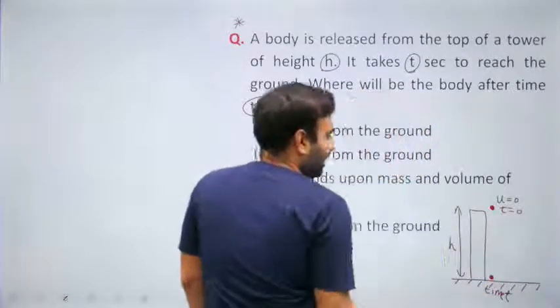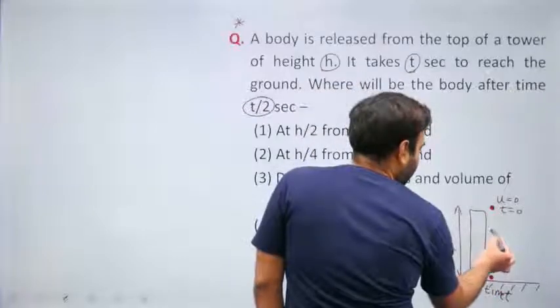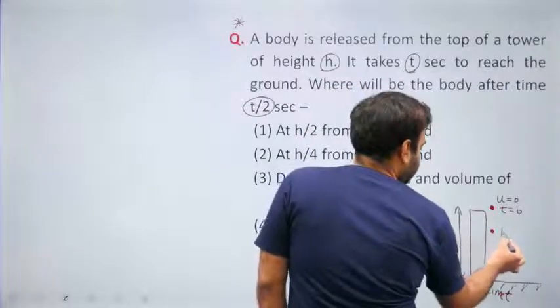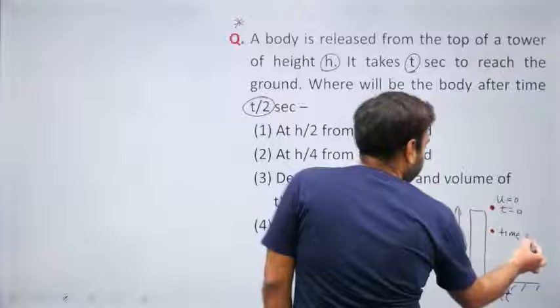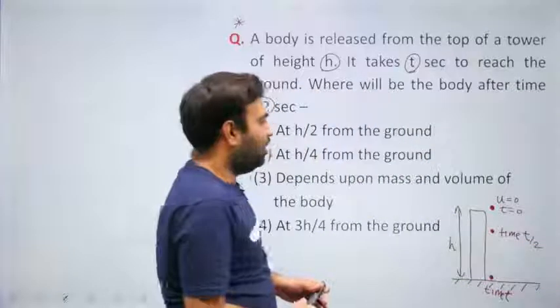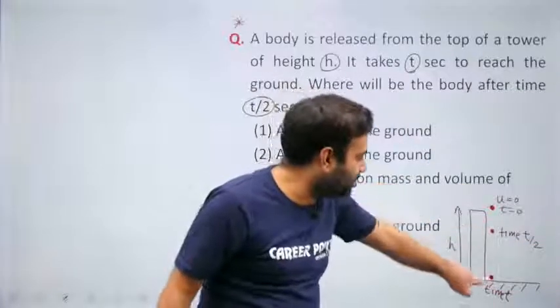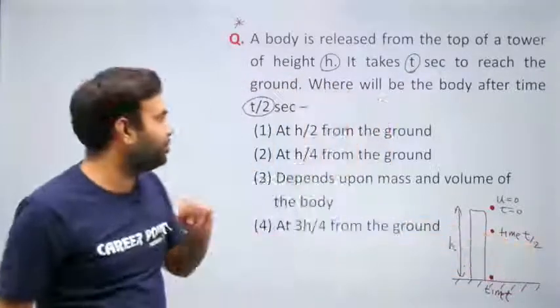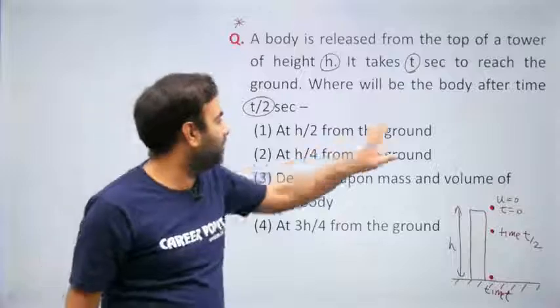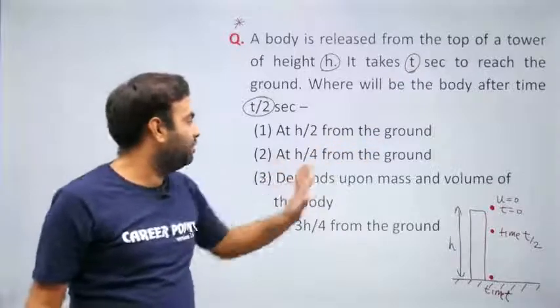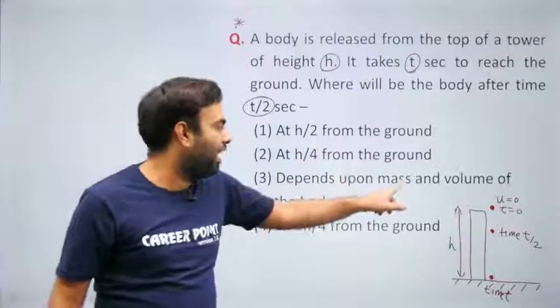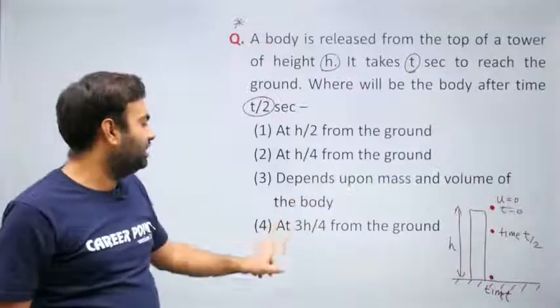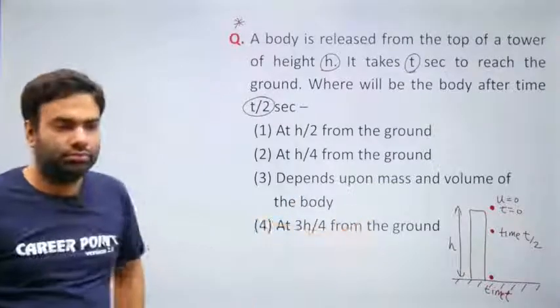So it is asking the location of the body at time t by 2. If t is the time taken by this body to reach the ground, what is its location at time t by 2? This is the question. At h by 2 height from the ground, at h by 4 height from the ground, depends upon the mass and the volume of body, or at 3h by 4 from ground.